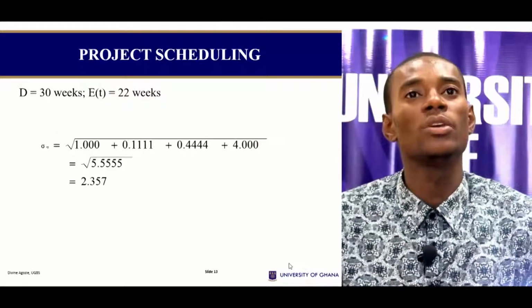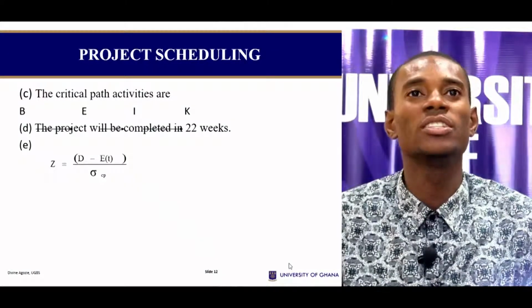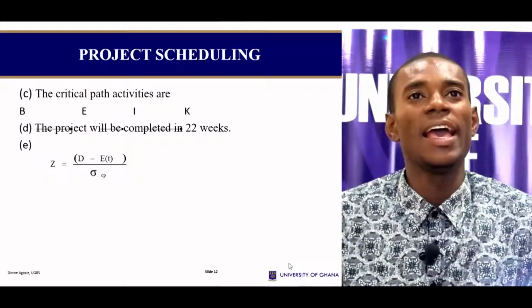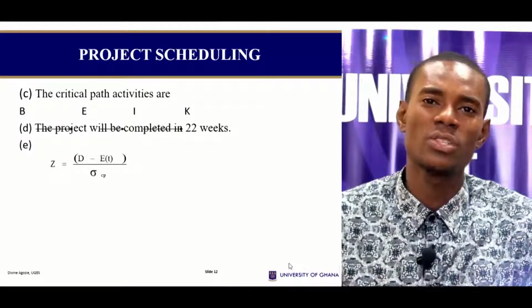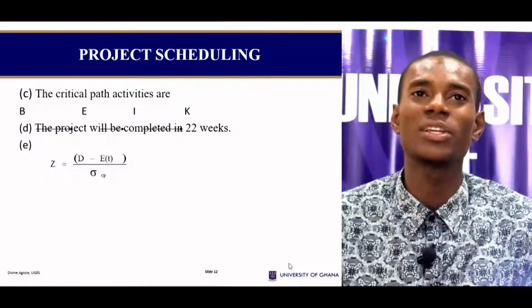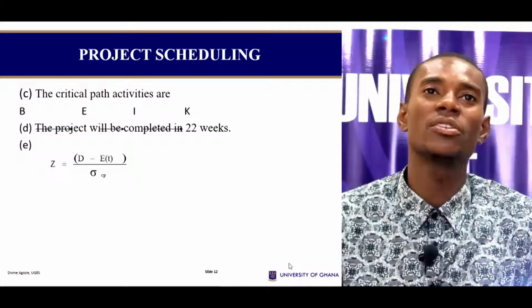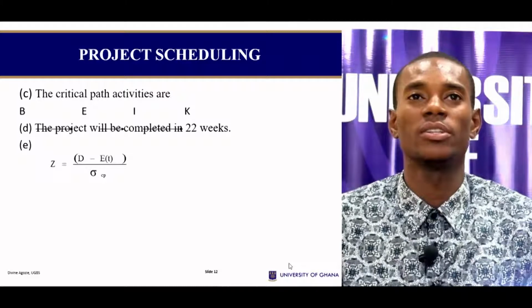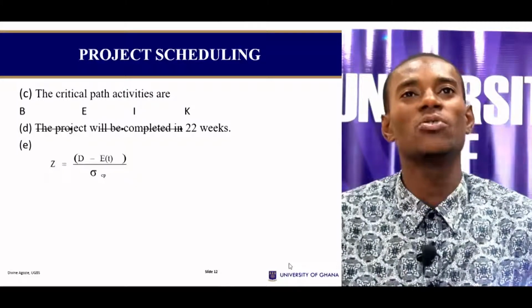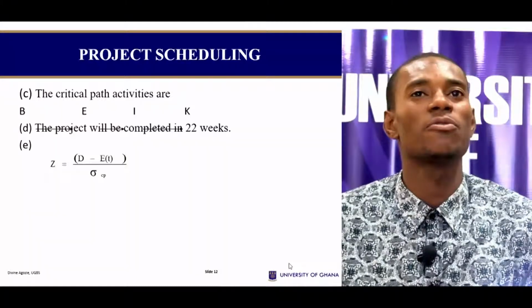So what you do here is first go back to the original question, and then we will compute the variance, but only for the critical activities. We also said earlier that the critical path is the longest path in the network diagram, and so 22 weeks is the highest completion time for all the paths.